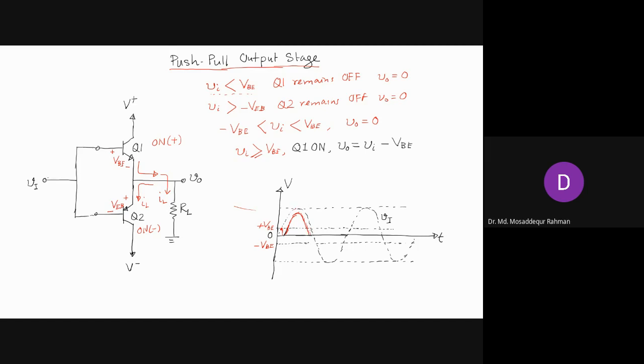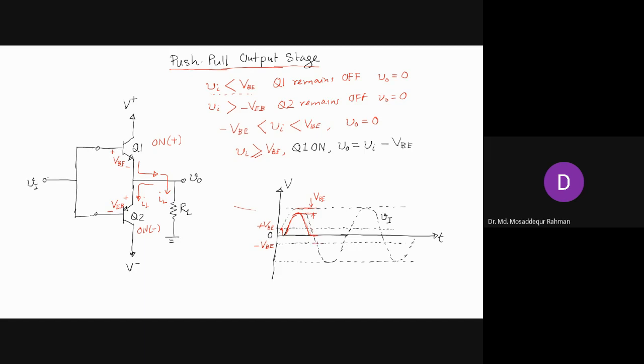So see, this difference between Vi and V0 will always be there, and this difference will be equal to the base-to-emitter voltage. V0 will always be less than Vi by VBE. Right? And then this turns off when Vi comes back down to VBE, and then V0 remains zero as long as Vi then goes below zero.